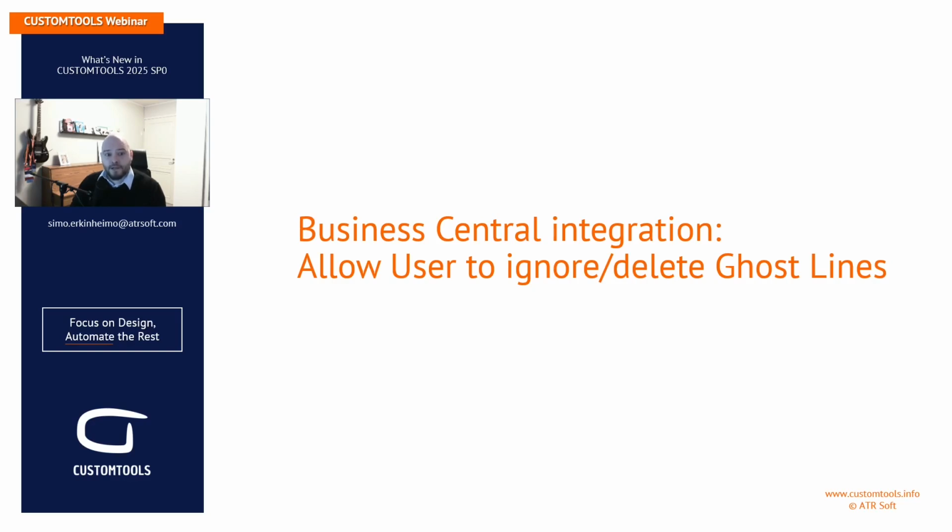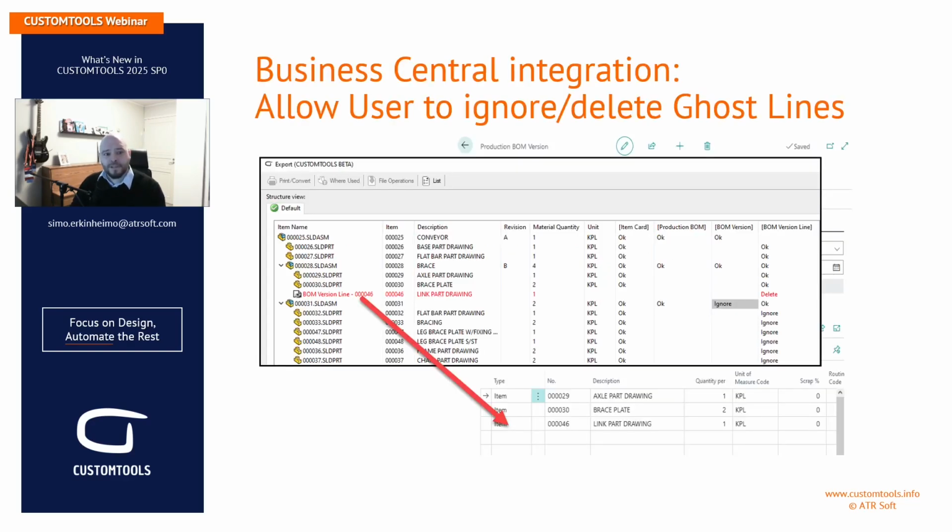Business Central integration has also another new feature: allow the user to decide whether to ignore or delete ghost lines. Well, a ghost line is something that exists in the Business Central BOM, but not in your current design. So it can be a component that was exported previously, but later removed from the design. Or it can be an item that someone just added to the BOM in Business Central.